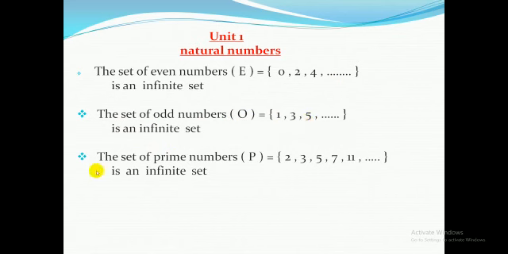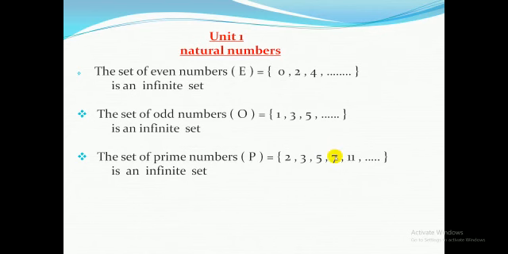Number 3 is the set of prime numbers represented by capital P equals 2, 3, 5, 7, 11, 13, and so on. First, what is the meaning of prime numbers? Prime numbers are numbers whose factors are itself and the number 1 only. Like 7.